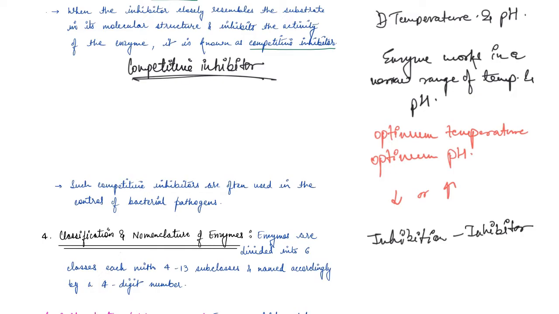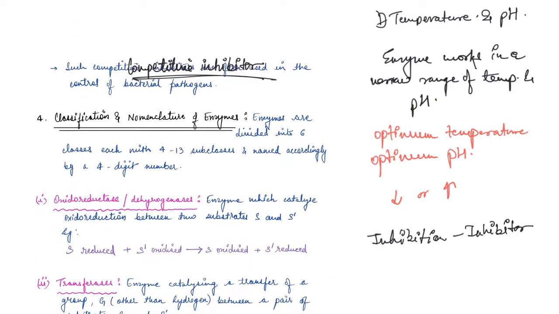Due to close structural similarity, the inhibitor competes with the substrate for the binding site of the enzyme. Consequently the substrate cannot bind, and that is why the enzyme action is inhibited, right?